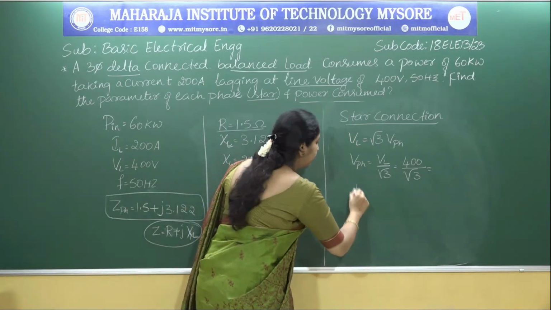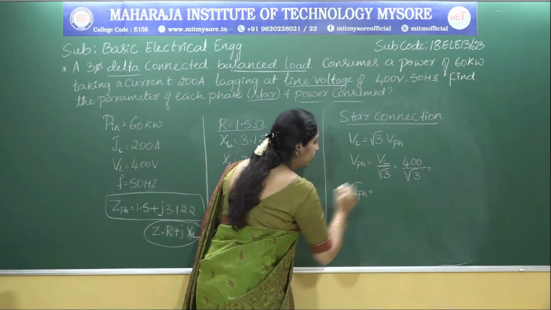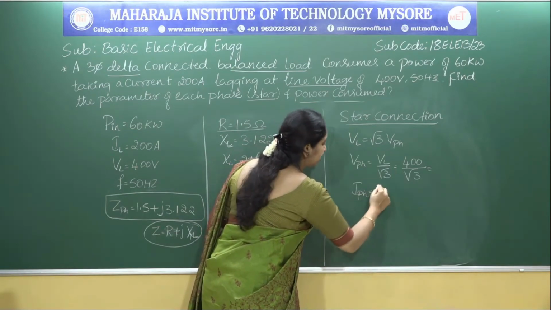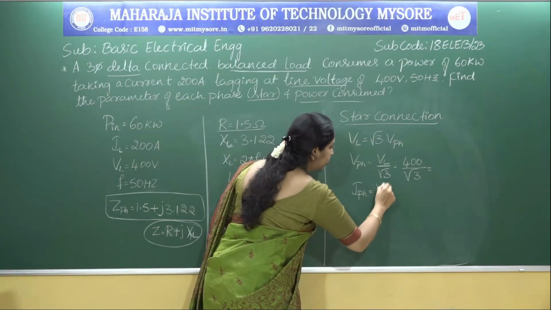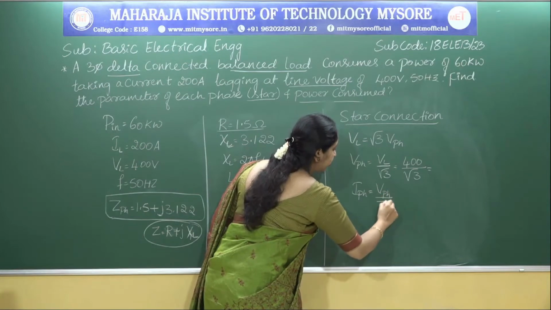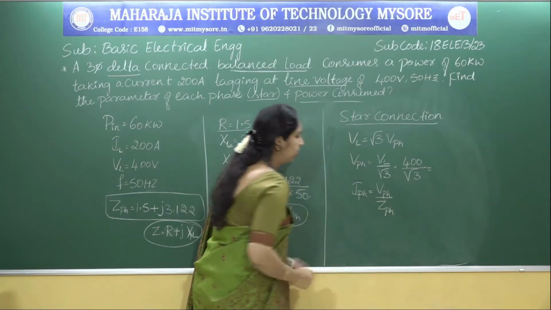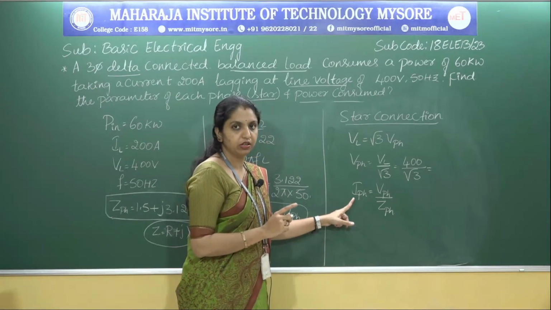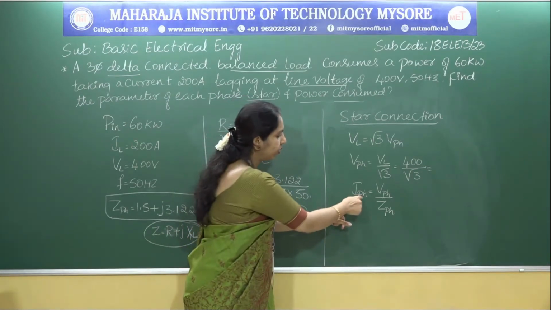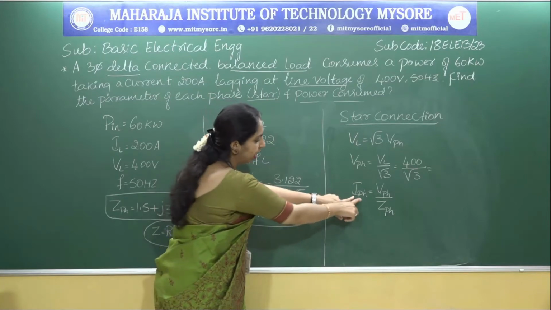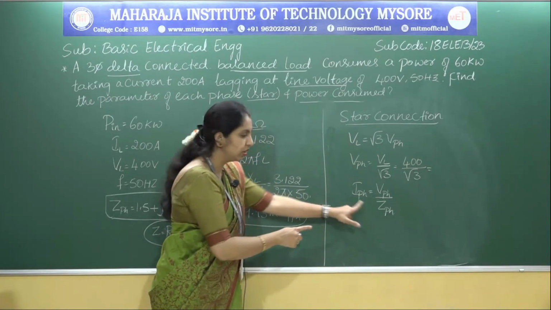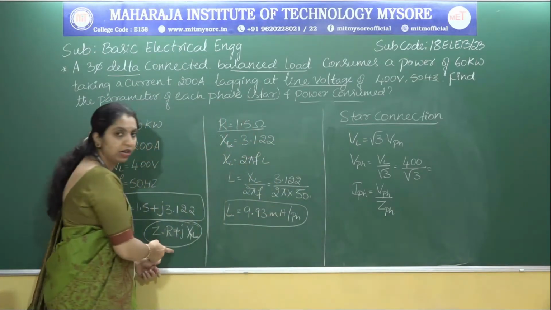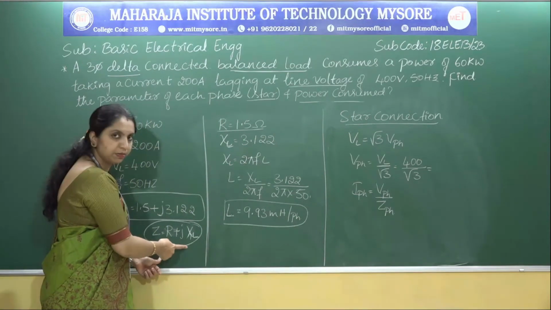And what is IPH? Let us take the relationship here: VPH divided by ZPH. Here we are not directly equating IPH is equal to IL. No, here we need to find out IPH using the ZPH which we have calculated in the previous part.